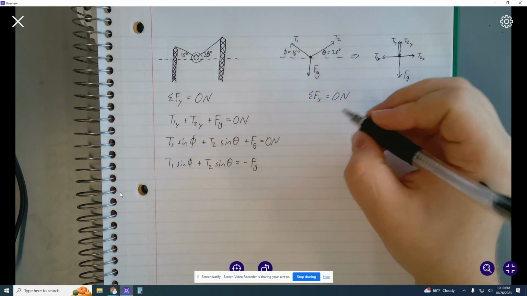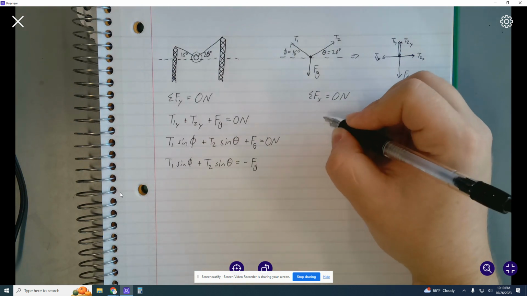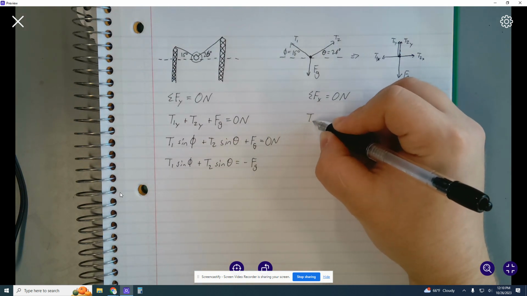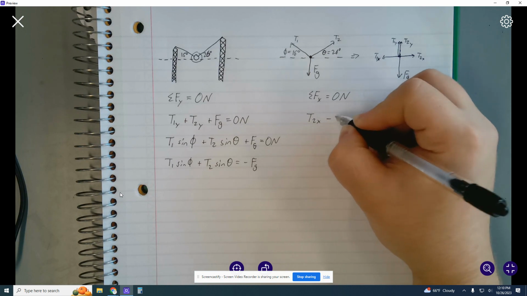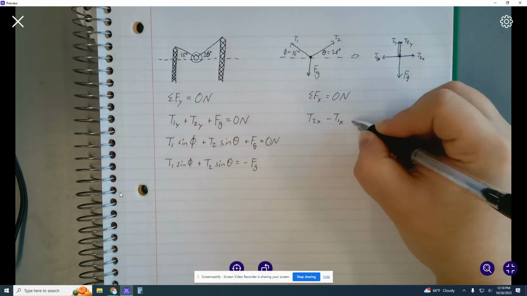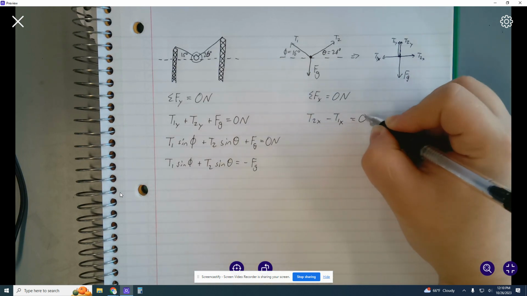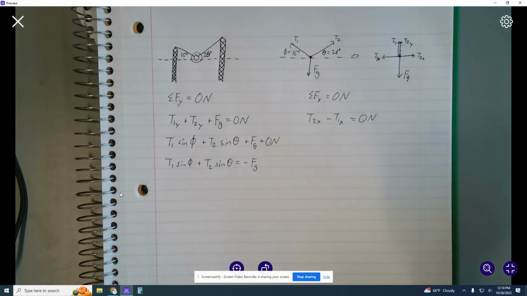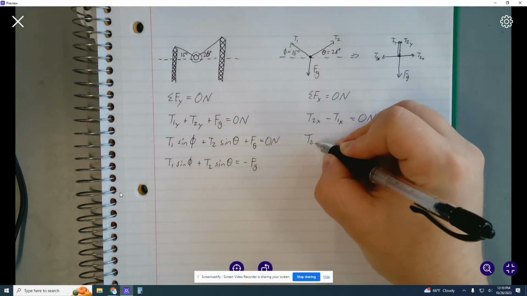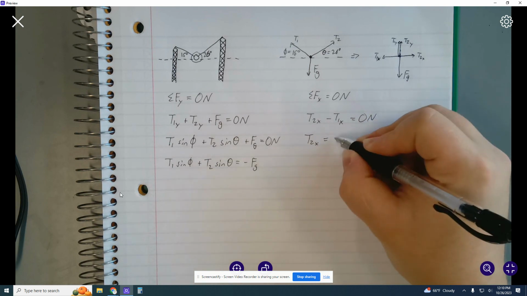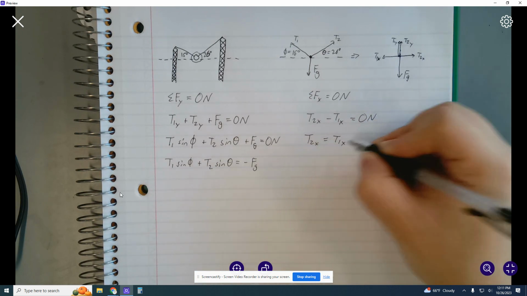My net forces are T2x minus T1x is going to be equal to 0 newtons. I'm going to rearrange that so that we have T2 in the x is equal to T1 in the x.